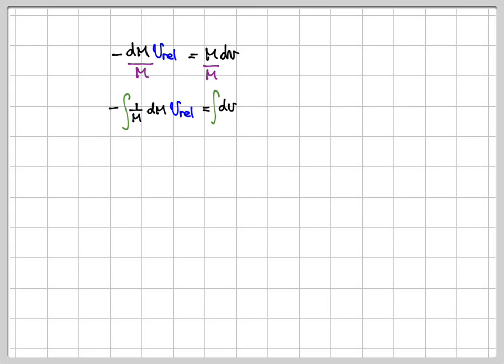Notice that we have 1 over m times dm, and we integrate it. The antiderivative of 1 over m equals ln of m. We plug in the upper limit and the lower limit into ln of m. On the right hand side, it is simply upper limit minus lower limit.